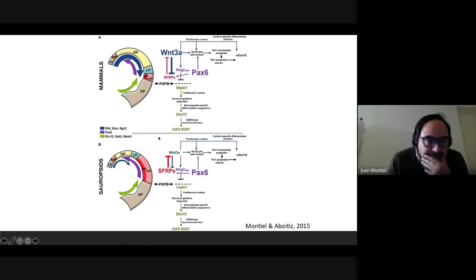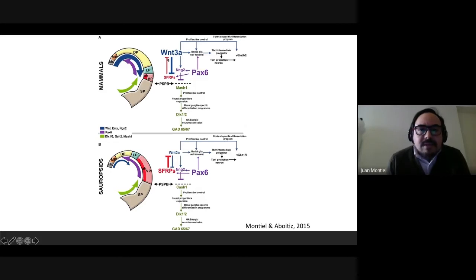Well, one model that we are proposing is that signalings from different parts of the brain in neighbor regions of the dorsal pallium or dorsal cortex in mammals can generate signals like Wnt3, that is a signal that can control the proliferation of neurons, but also the cortical specific differentiation program. So the same signal can amplify the progenitors and also can participate in the cortical differentiation. So that can explain why the dorsal pallium is expanding.